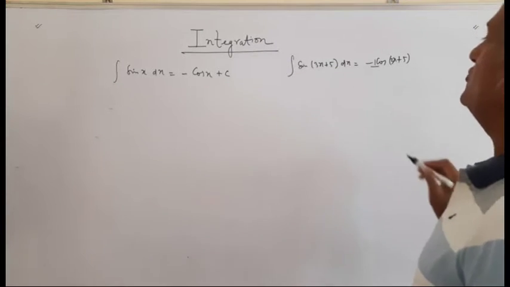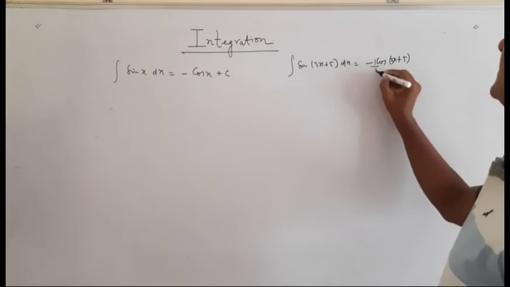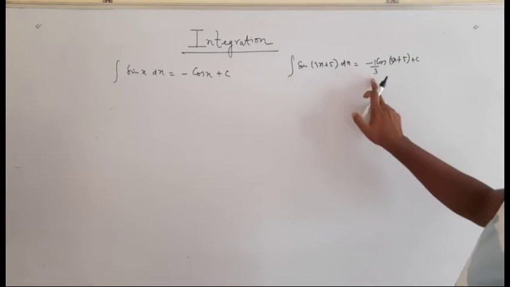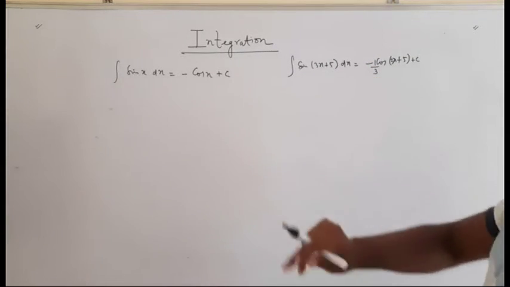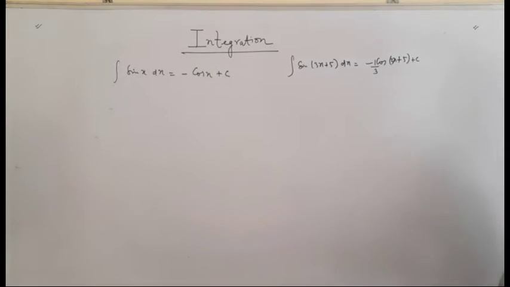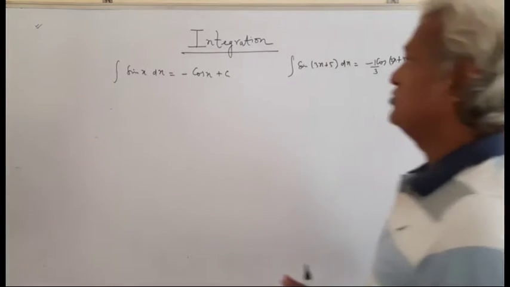The differentiation of 3x plus 5 is 3, so this is 1 by 3, and then plus c. You can write 1 upon this differentiation, but keep in your head that it is possible only when this is a constant, because if you get a variable then this is not going to work.